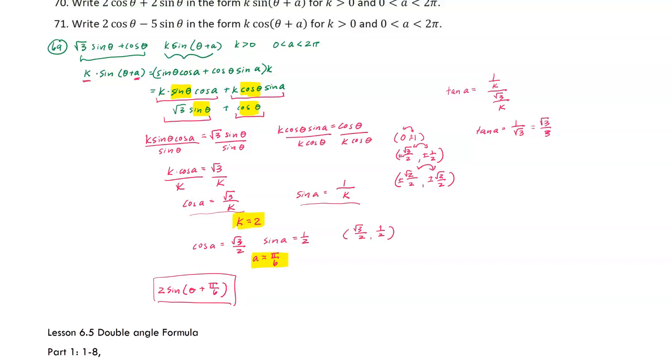So that tells me that a could be pi over 6, or where tangent is positive, what's the other angle that it could be? Pi over 6 and 7 pi over 6.